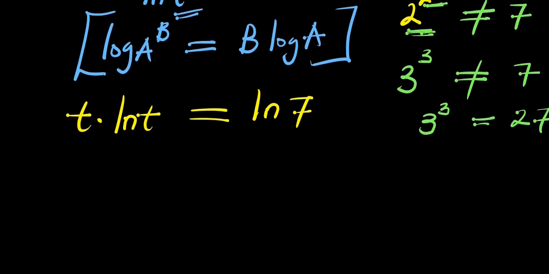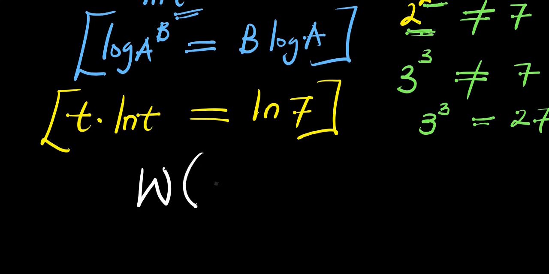Now we need to solve this particular equation, and there's only one method of solving it for now. It is by the use of what we call the Lambert W function. And here it is. The Lambert W function is represented as, if you have the Lambert W function of a function such as this, a times e power of a, this will give you a.